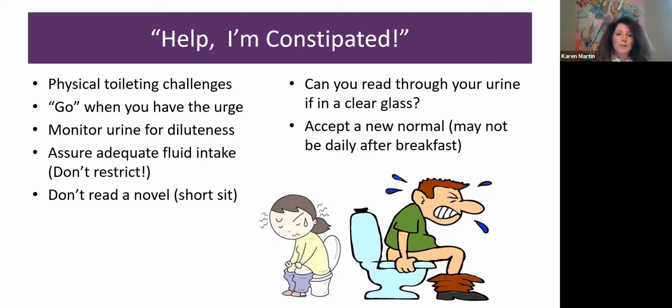So at a certain point, if you don't respond when you have the urge, if you don't have someone there to assist you at that time, then that urge is going to go away and not come back for 12 hours, at which point you may be in the bed and you don't want to wake up your partner to help get you to the toilet.